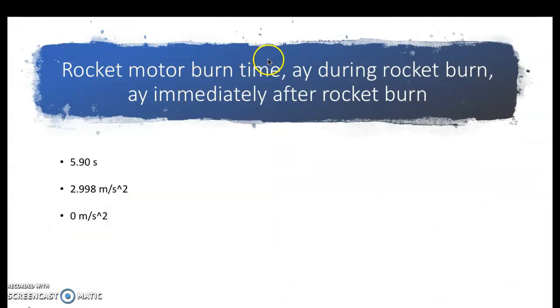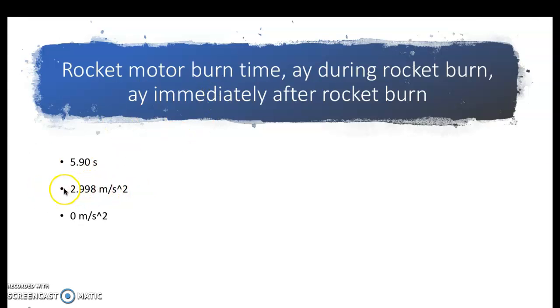So the rocket motor burn time, the Ay during the rocket burn, the Ay immediately after the rocket burn. And what we found was that the rocket motor burn time was about 5.9 seconds. This we just took from the graph, and we just looked at how long it took for the rocket to reach the highest point.